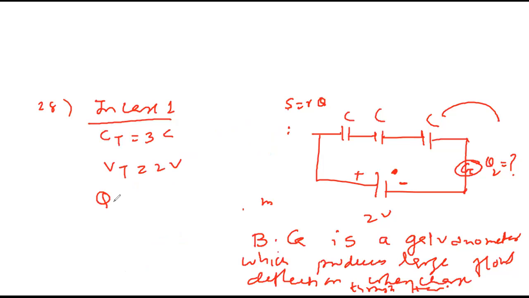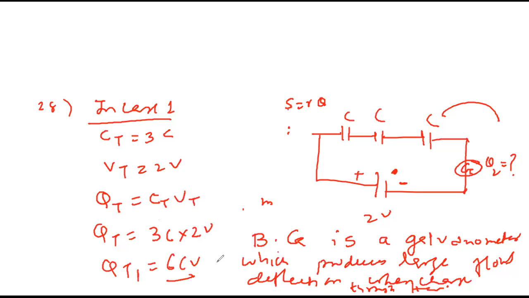So Q total is C total into V total, correct? Because Q is nothing but C into V. So it is 3C into 2V. So the first charge is 6 times CV. Have you followed this much?